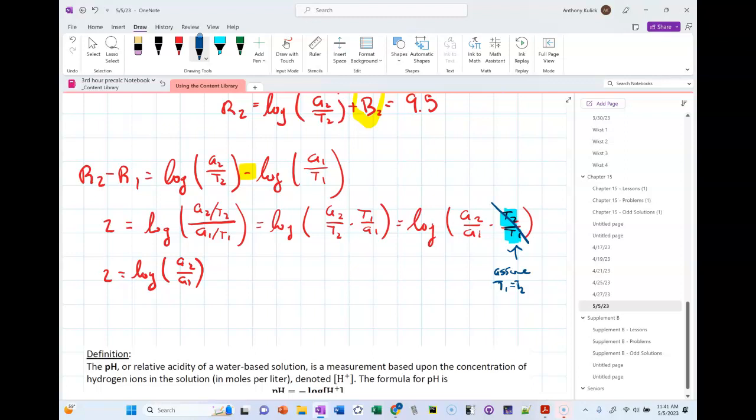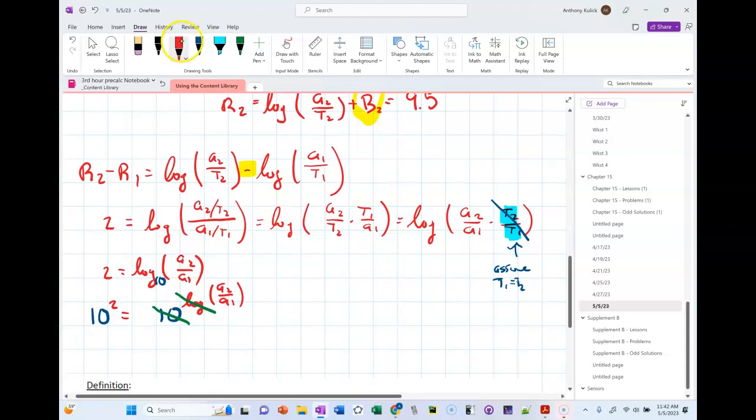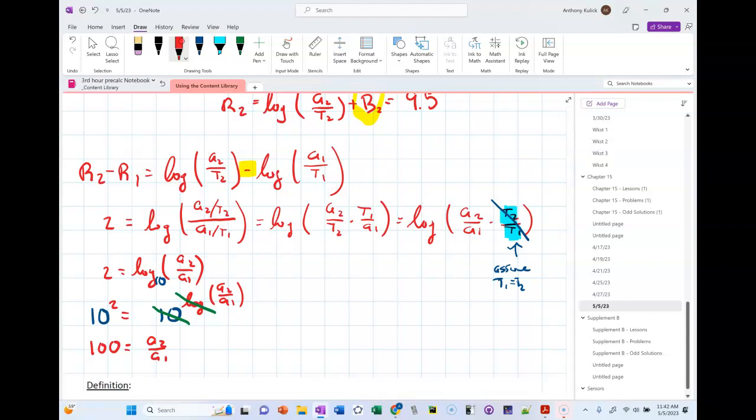What's the log base here? 10. So I would do exponent base 10 to both sides. That's how I like to think about it. So those guys would cancel. Everybody's good with that?